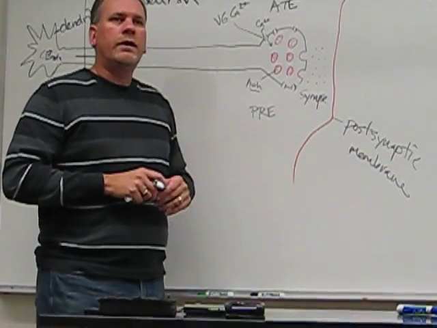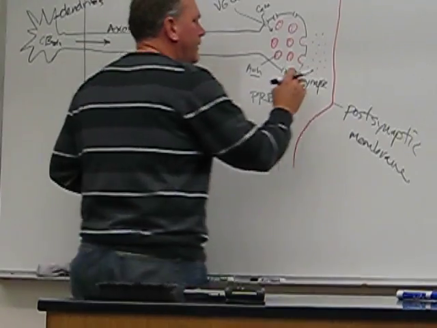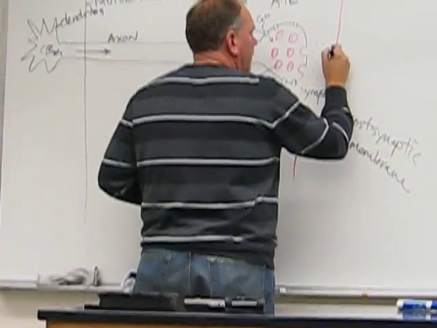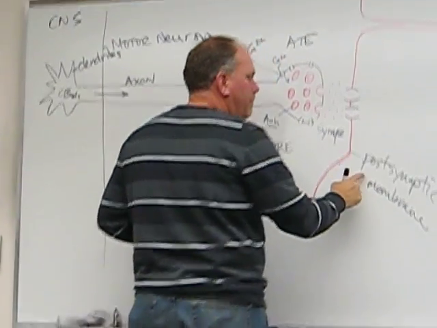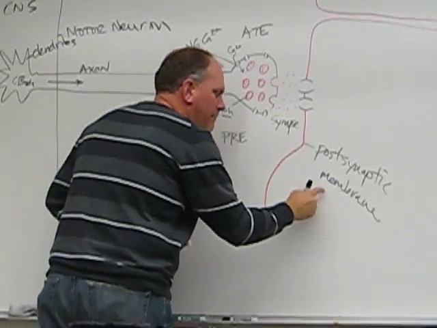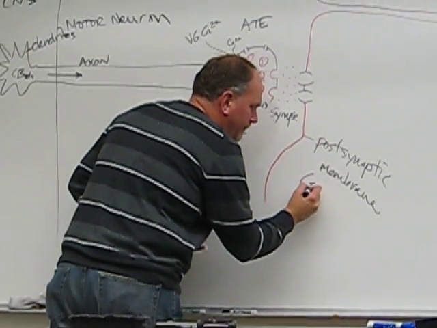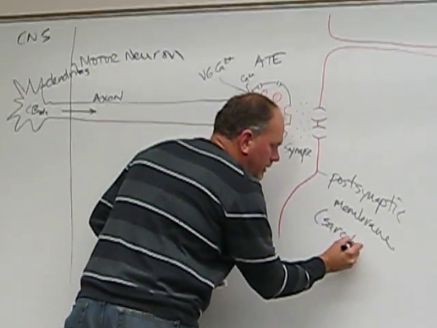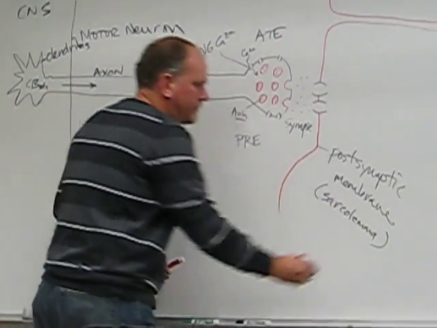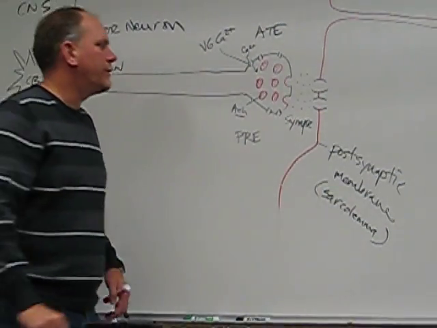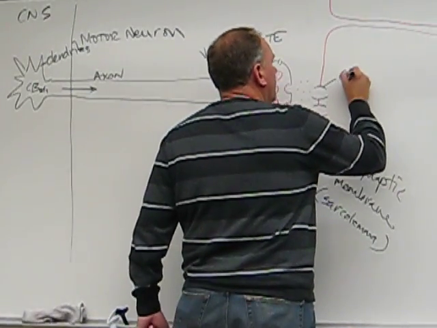Now, this is in the synaptic cleft. It's got to be going somewhere, right? What channels might we find on the postsynaptic membrane in this case? Because this is a muscle, we'll call it the sarcolemma. What channels are here? Good.